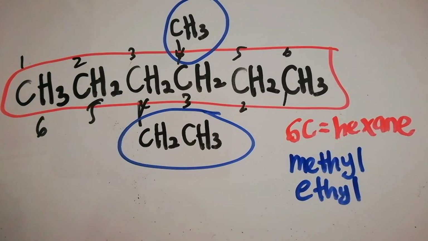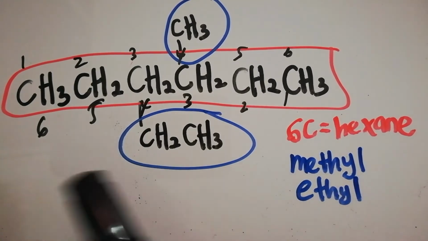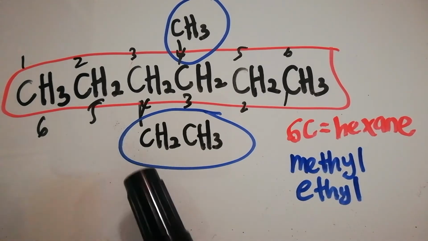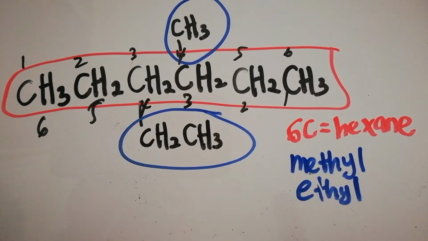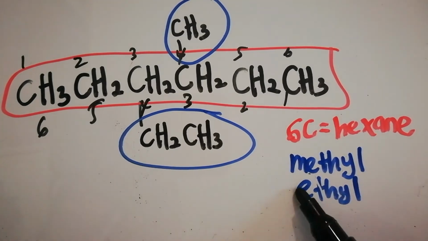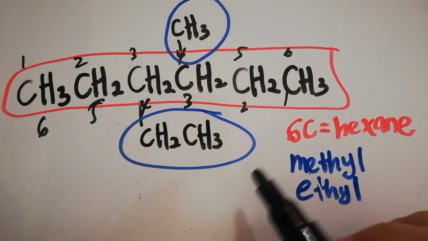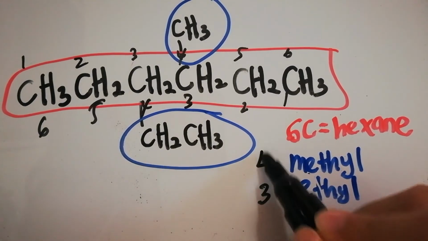The difference is there are 2 different substituents in the alkane. So we need to give the lowest number to the earliest alphabet, which is ethyl, E. Letter E comes first before M, so we give the lowest number to ethyl. So we got here 3 ethyl and 4 methyl.